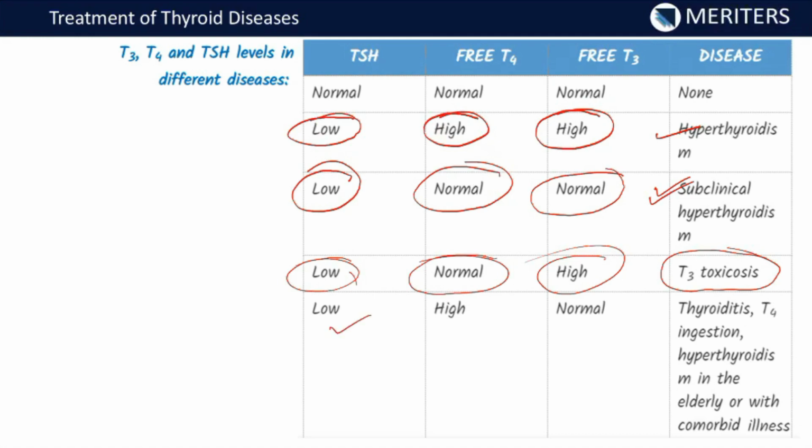Now when your TSH is low, free T4 is high and your free T3 is normal, in that case it would be thyroiditis, or T4 ingestion, meaning the patient might be on drugs, or hyperthyroidism in elderly patients or with comorbid illness.